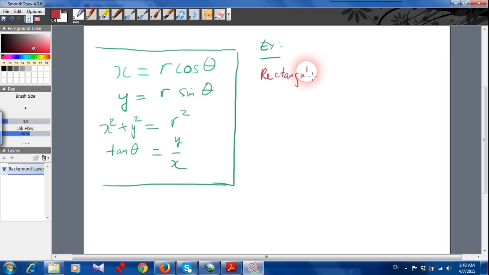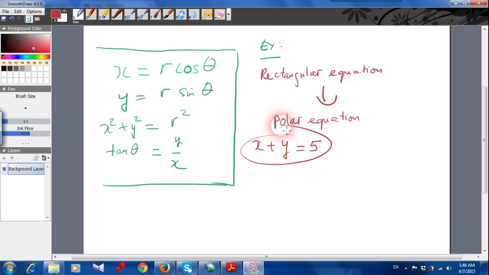Rectangular equation, change to polar equation. Like x plus y is 5. We know that's a line, y equals 5 minus x, things like that. And we change to a polar coordinate.